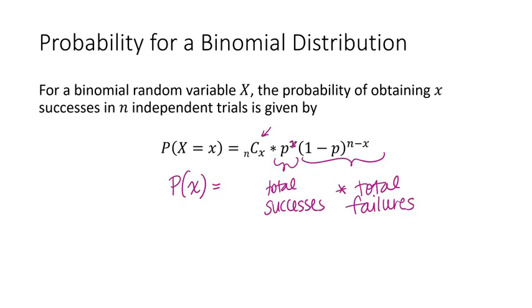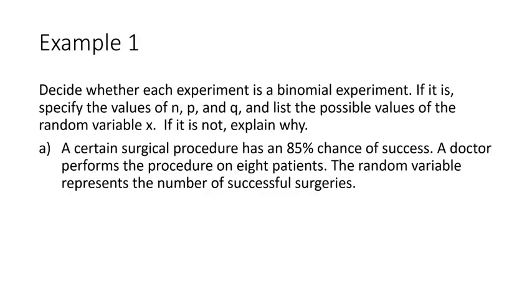So let's start off our examples just picking out whether or not we have a binomial experiment. Do we fall under that binomial distribution? If it is, specify the values of N, P, and Q. Now, Q is something we haven't mentioned just yet, so let's back up.